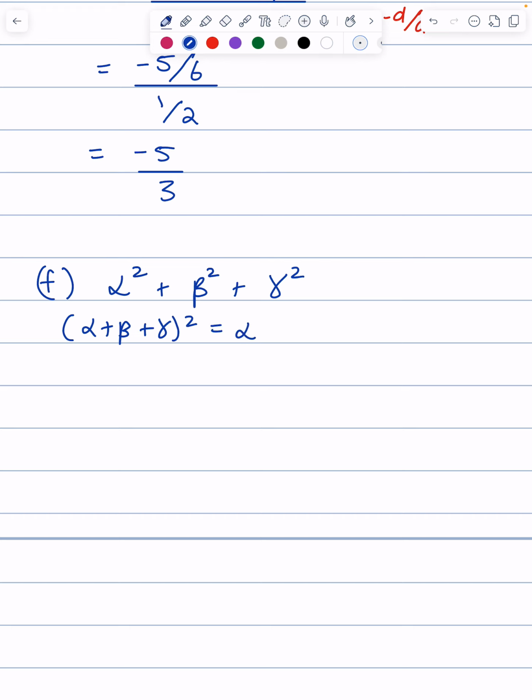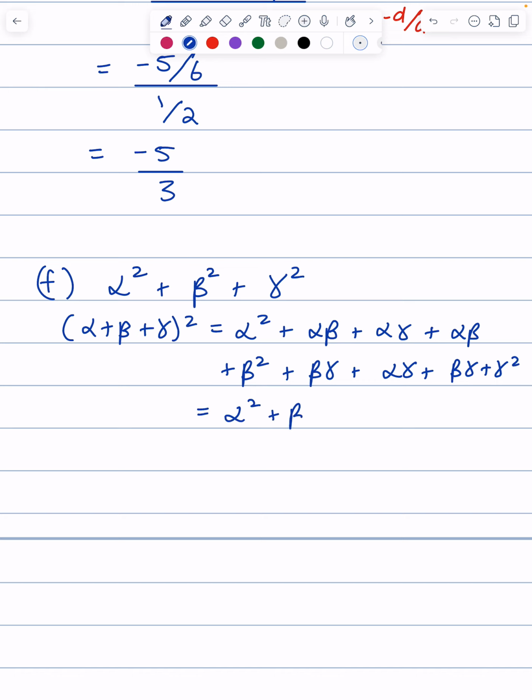So here I have alpha squared plus alpha beta plus alpha gamma, then plus alpha beta plus beta squared plus beta gamma, plus alpha gamma plus beta gamma plus gamma squared. I'm going to put all the squared roots at the very start of the right hand side.